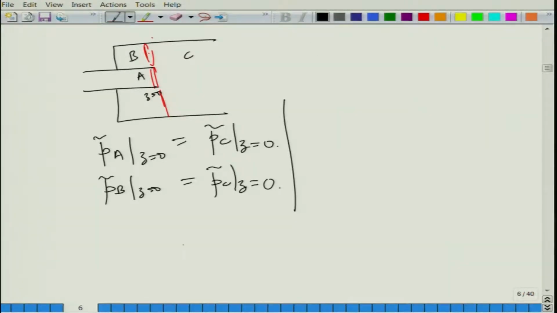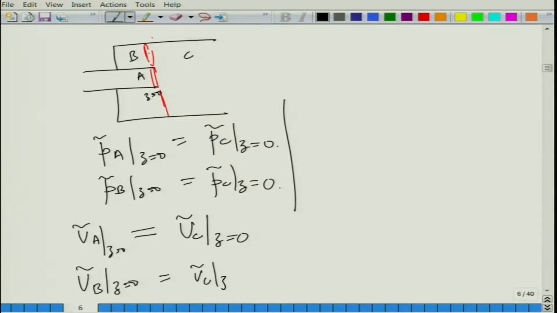And what about the velocity condition? The velocity u tilde A at z equal to 0 is equal to u C at z equal to 0.